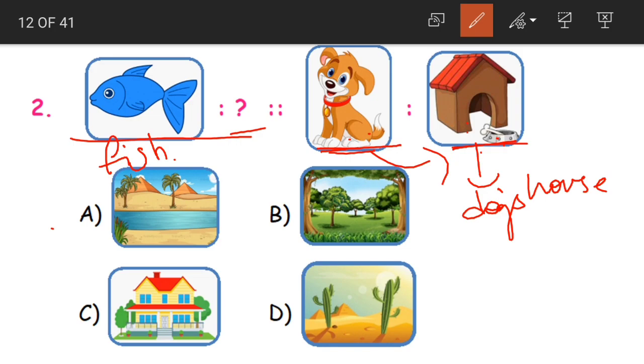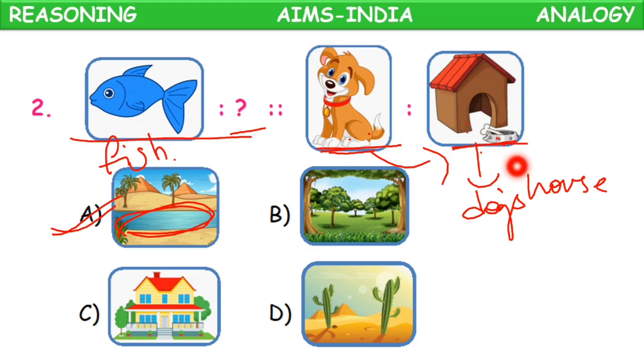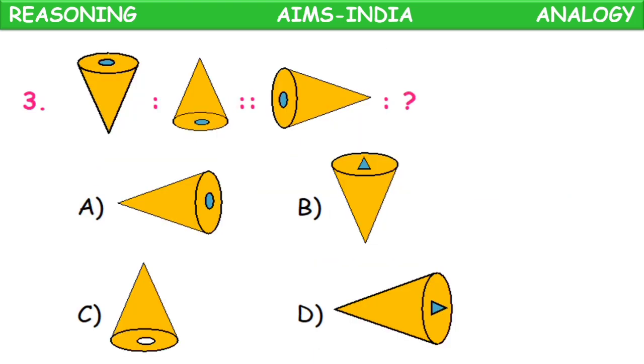Fish lives in water. Yes, from the given options, option A becomes our correct answer. We are having water here. So this is the place where fish live or where we can find fish. Understood? First, if you understand the relationship between the complete pair, you will be able to find out the missing term from the other pair as well.